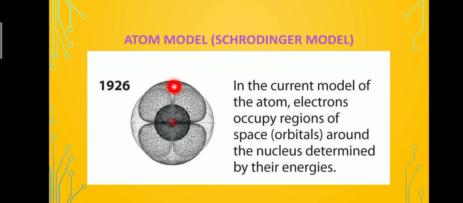So orbital is a three-dimensional space where the probability of finding an electron is maximum. So in this current model of an atom, electrons occupy a region of space called orbitals.